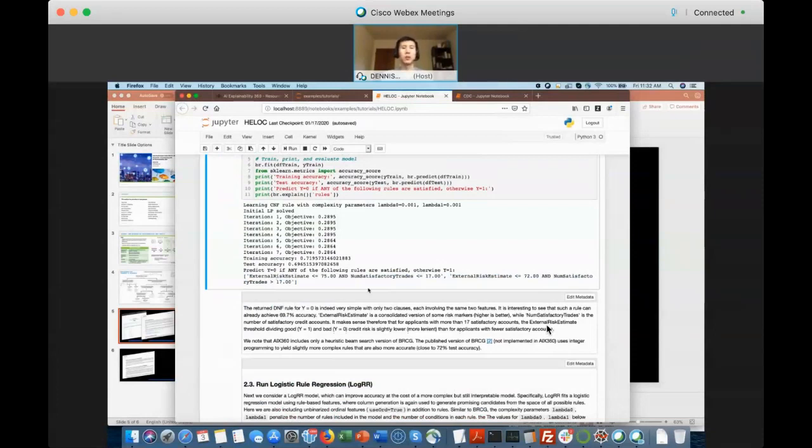So intuitively, what this set of rules is saying is that if you don't have too many satisfactory trades, then we want to see a slightly higher external risk estimate, a slightly better risk score, than if you have more accounts.